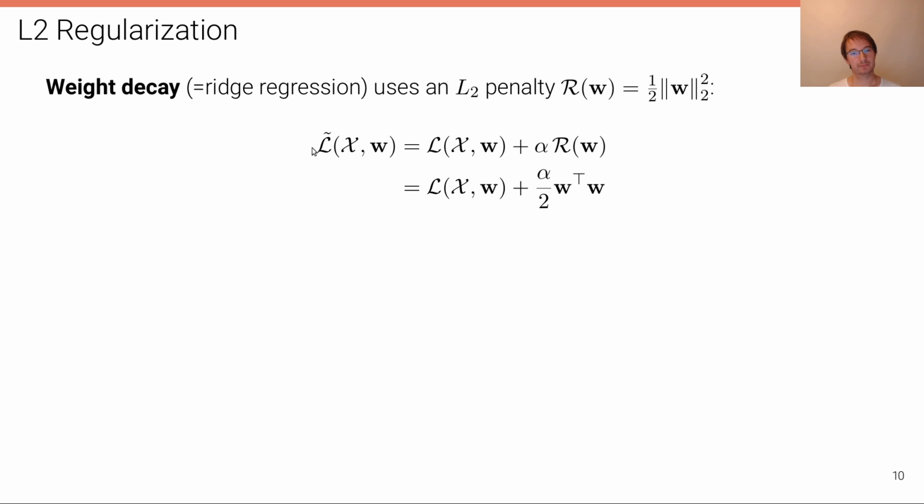We can then write this total objective, which comprises the unregularized loss and the regularizer, as such. Here, this is just a different form of writing the squared L2 norm. It's an inner product of W with itself.